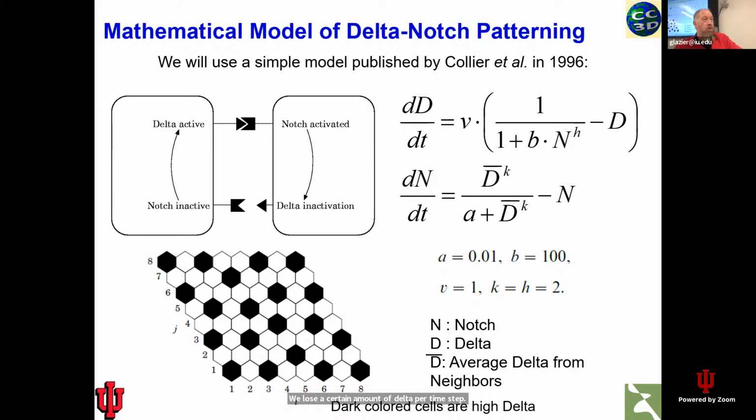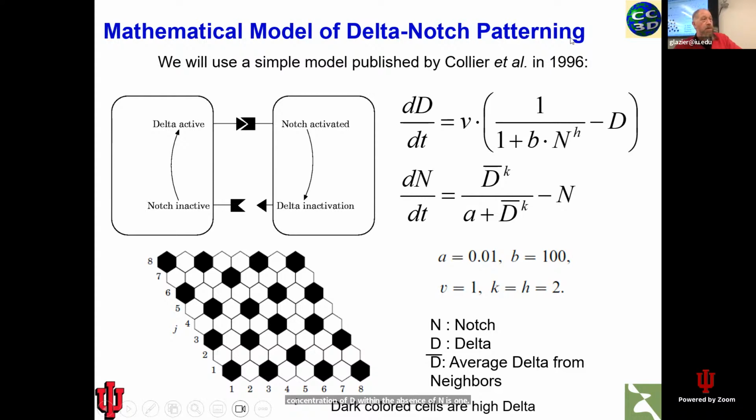So if we had no notch, this would read dD/dt equals nu times 1, a constant rate of production of delta, minus nu times delta, the constant rate of decay. And that will give us a steady state where the concentration of D is 1. So the equilibrium concentration of D in the absence of N is 1.